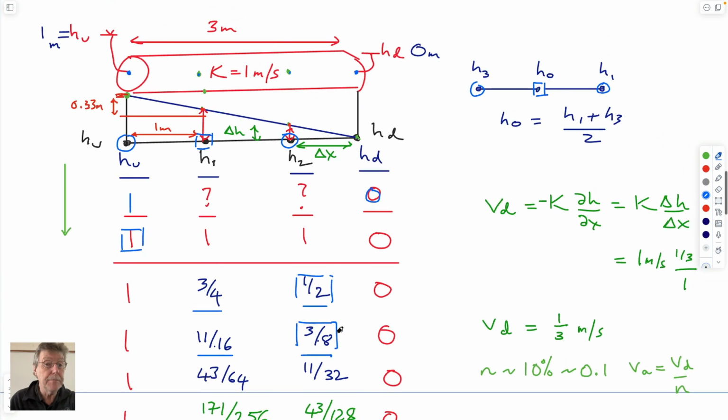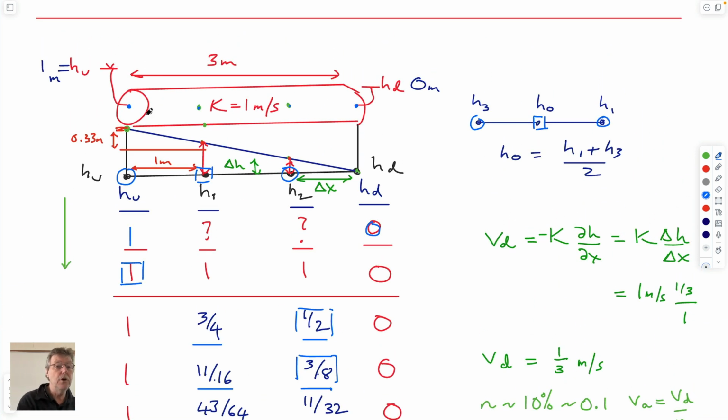And if you think about Darcy's law, if it's homogeneous, the volumetric flow rate is constant along here, and therefore if Q is constant, then area times hydraulic conductivity times dH/dx is also constant.